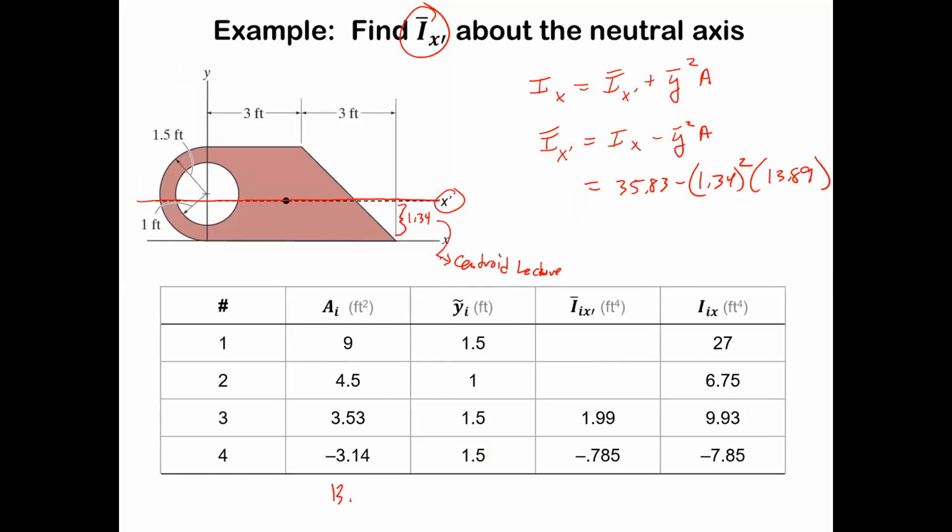That's the sum of all these area segments. And what we end up getting is the Ix prime bar is going to equal 10.89 feet to the fourth.